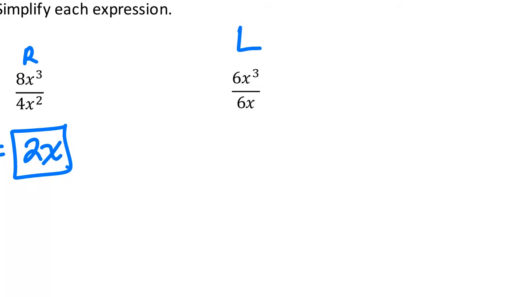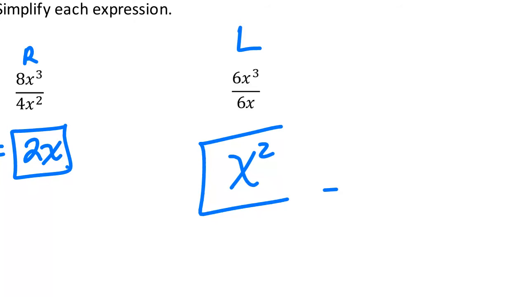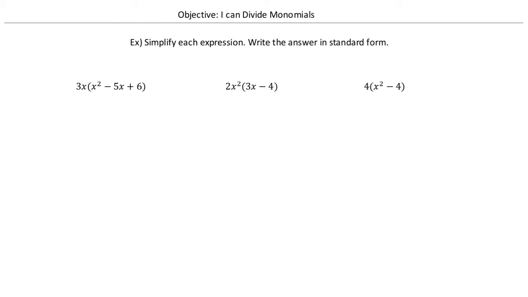Okay, tell me your answer in 3, 2, 1. X squared. Good. Because your 6's cancel, it just ends up being 1. And x to the third divided by x to the first, 3 minus 1 is 2. Good job. All right, let's look now at distributing.